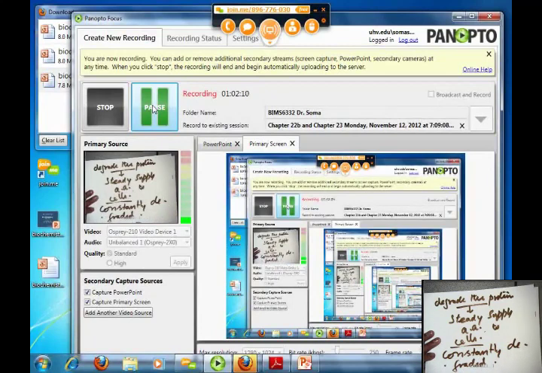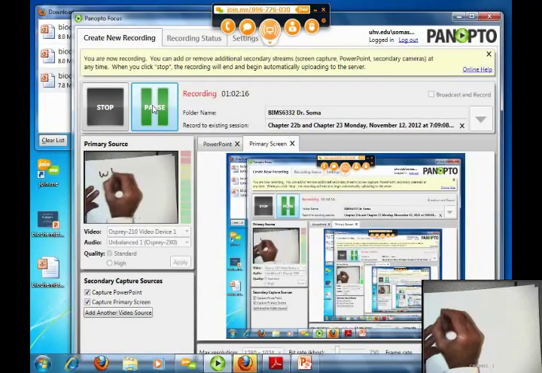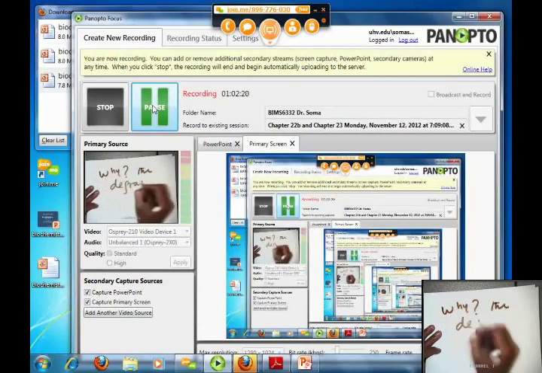Why do they have to degrade? Now my question is, why does the protein which is present inside the cell degrade? Why the degradation?